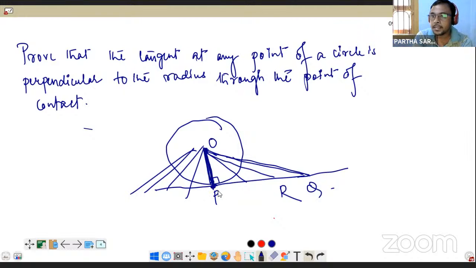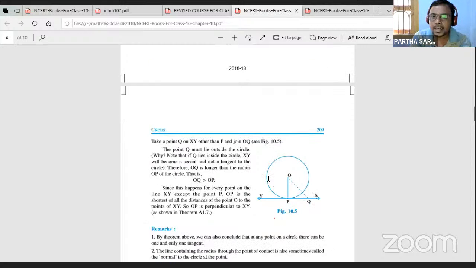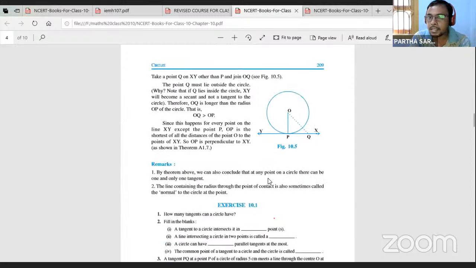Always remember this. Here they have given you one proof. If you go through this proof, we are given a circle with center O and tangent XY to the circle at point P. There are many things written. They have taken one construction, OQ. I will show it to you in the later half. Just try for today itself. Always remember that radius and tangent both are perpendicular to one another.